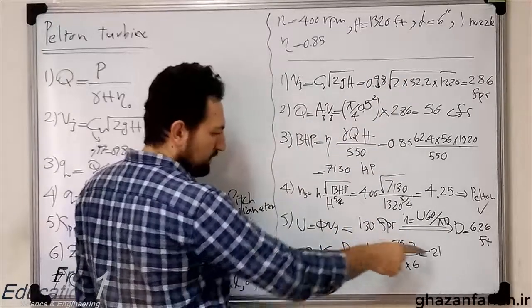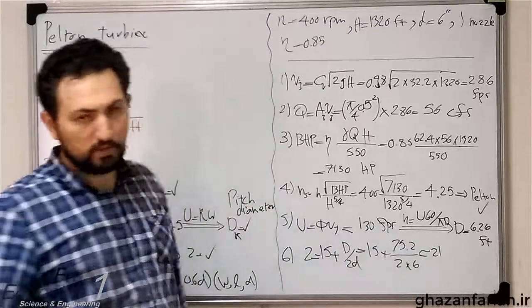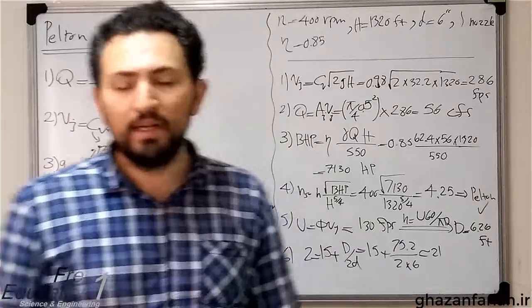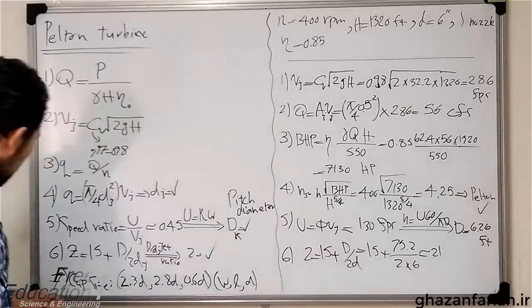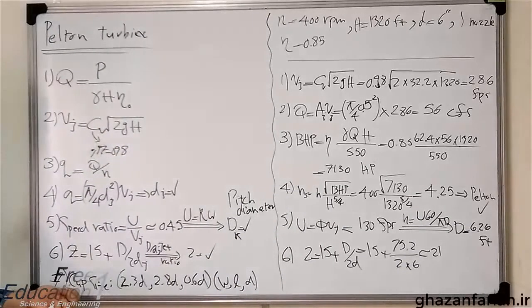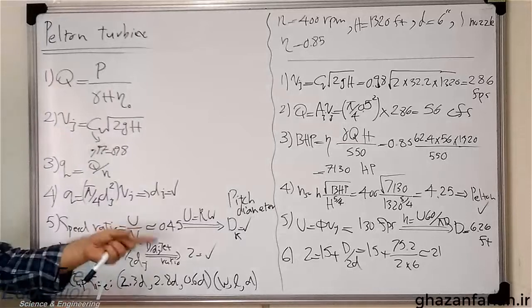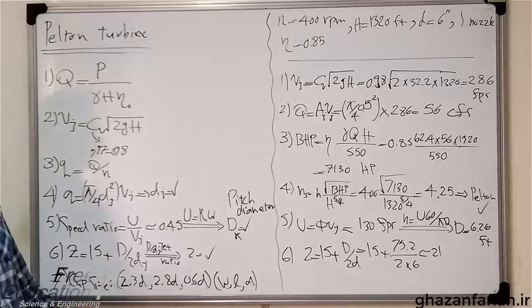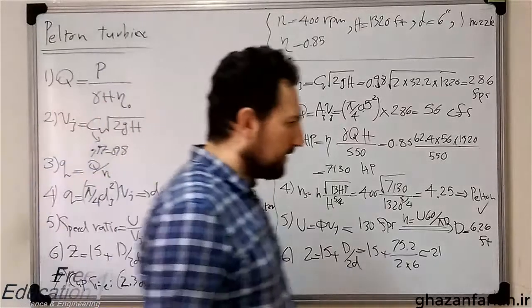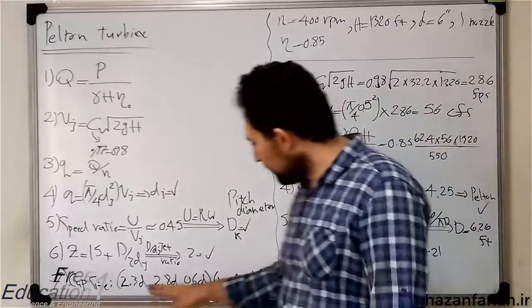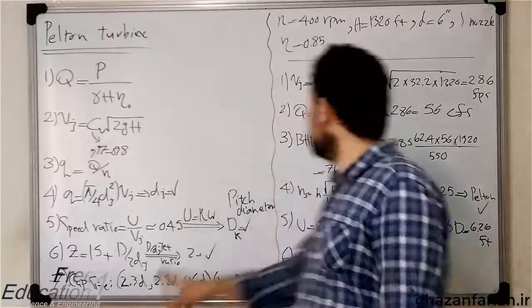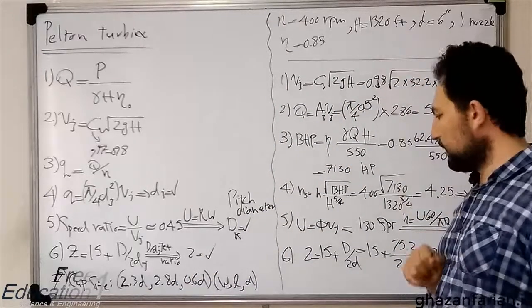So the approximate value of the number of cups, which should be an integer, is 21. And at the last step you can compute the cup size. I ignored this step here. You can compute the size of cups yourself based on the computed runner diameter and the given value of the diameter of the jet.